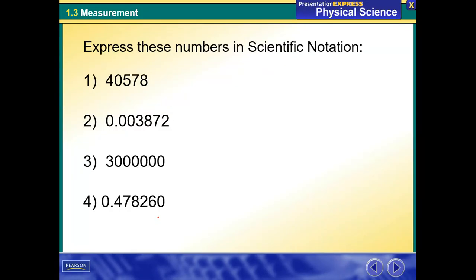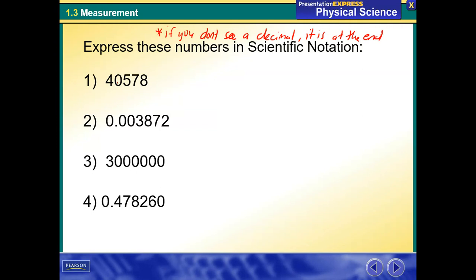So let's look at these examples. Right now, if you never see a decimal in the number, it's always assumed to be at the end. So if you don't see a decimal, it is at the end.